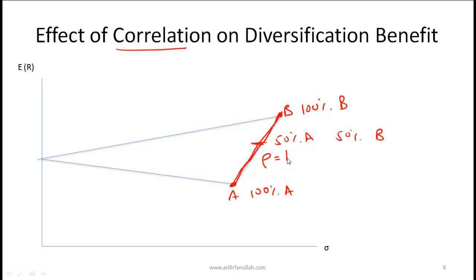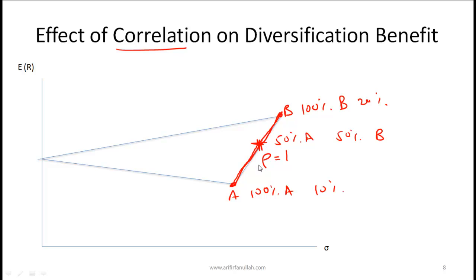So with a correlation of 1, what happens to expected return? Expected return at the midway point would simply be the average of A and B. So if the expected return of A is 10% and the expected return of B is 20%, then the expected return of a portfolio that's 50% A and 50% B is simply 15%.